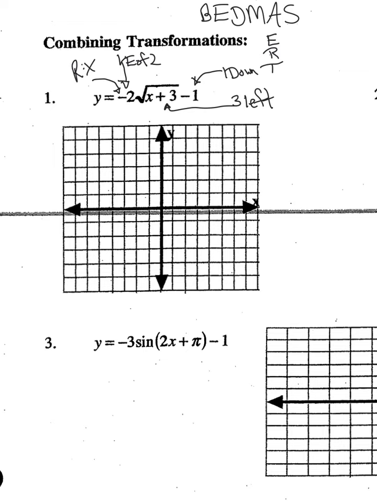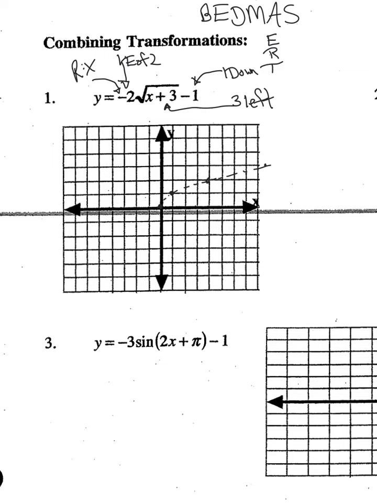So you know what the graph of square root x looks like. The square root of 0 is 0, the square root of 1 is 1, the square root of 4 is 2, the square root of 9 is 3. This is what your root function looks like. So we are going to do all those transformations to it.